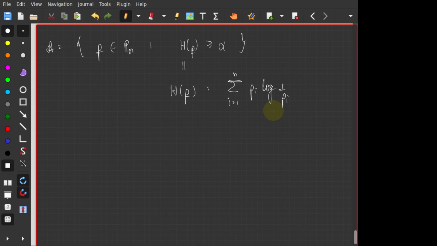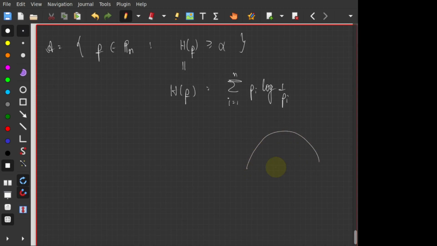Now this is no longer a linear constraint in p. Do you know what kind of a function h is? Yeah, h is the entropy. It's okay if you've not seen this before, but if you have, yeah, it's a concave function, right? So it's some kind of a concave function.